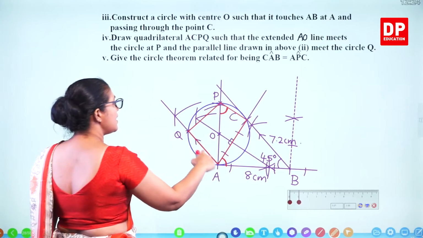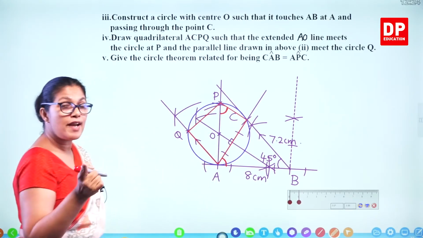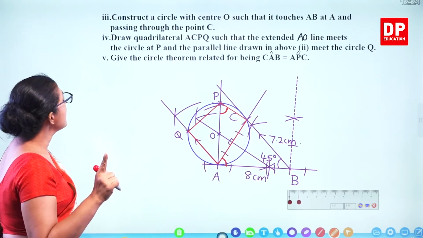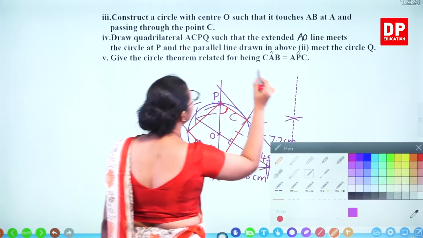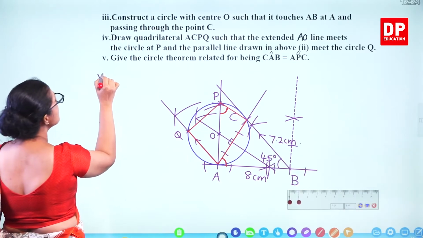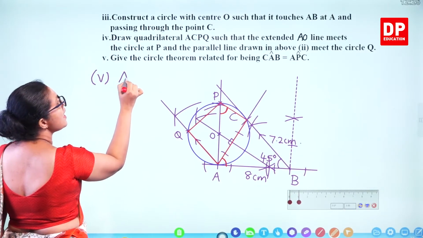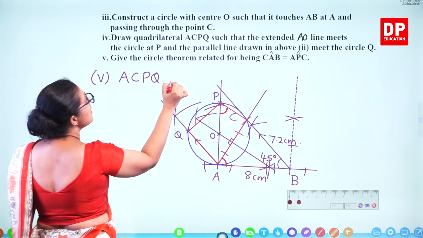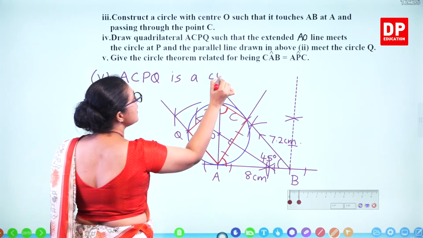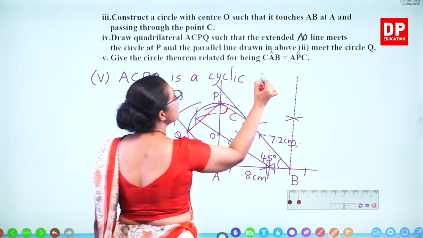What's that? This is a cyclic quadrilateral. So for the last part, I can write ACPQ is a cyclic quadrilateral.